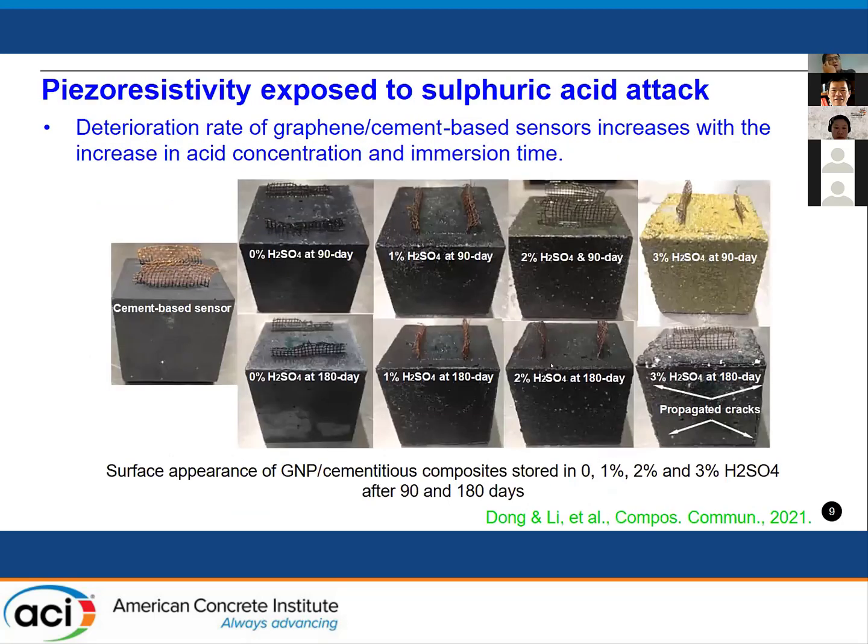So now let's talk about the durability of graphene cement-based sensors after exposure to sulfuric acid attacks. As you can see, this is the surface appearance of the specimens after exposure to acid solution for 90 and 180 days. Basically, we can see the deterioration rate of the graphene cement-based sensors increases with the immersion time and also the increased acid concentration of the solution.